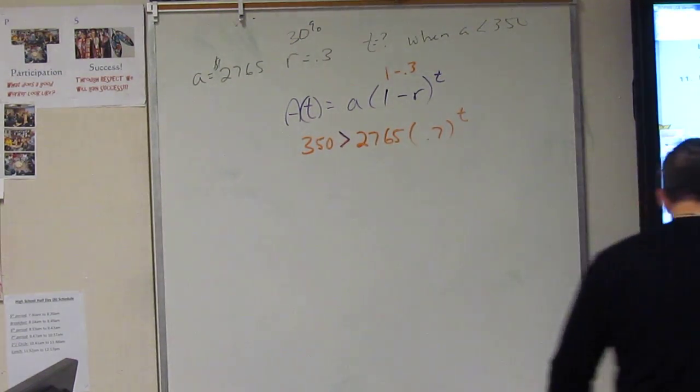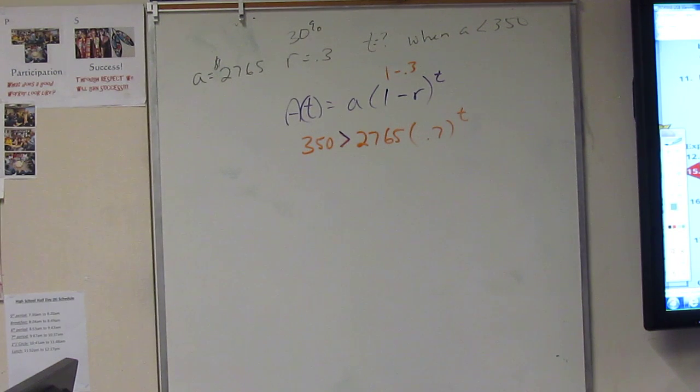So then, what do we do with this? Now we can go to our trusty-dusty calculator, which is our computer, and type in 0.7. And we could change this.